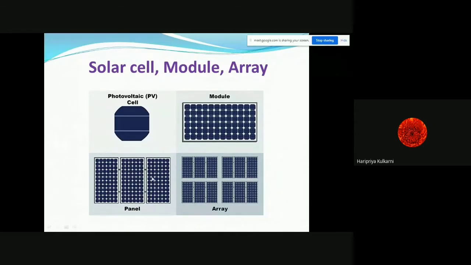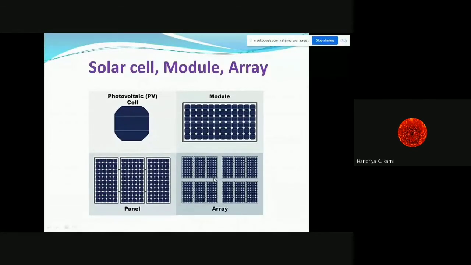And at last, there is an array which contains a number of panels connected in series and parallel. Again, for the required power requirements, we are connecting solar panels in series or parallel. Therefore, whenever we design a rooftop system, you can see there are n number of solar panels connected in series and parallel depending upon the power generation.